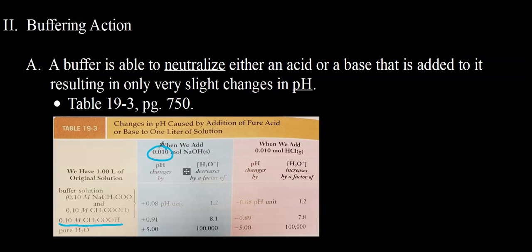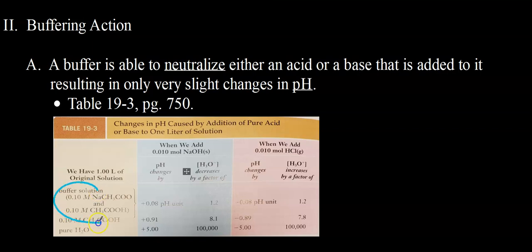Now let's say you add 0.010 molar HCl to our acetic acid solution. Of course, adding an acid is going to cause the pH to decrease. So pH goes down by 0.89, and this results in an increase in the H plus concentration of a little less than 8.